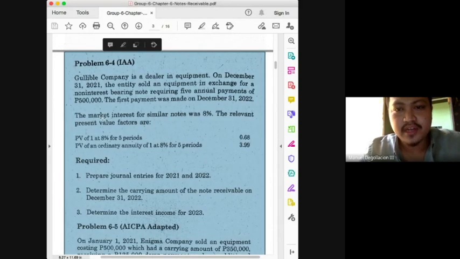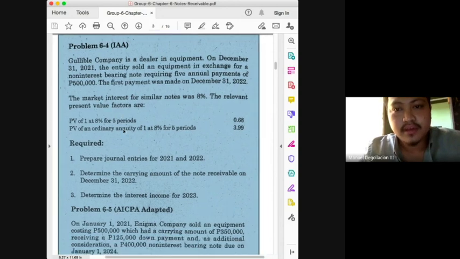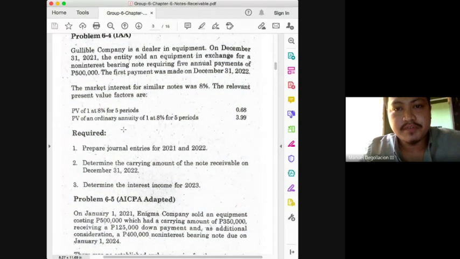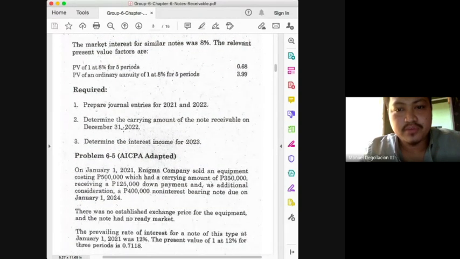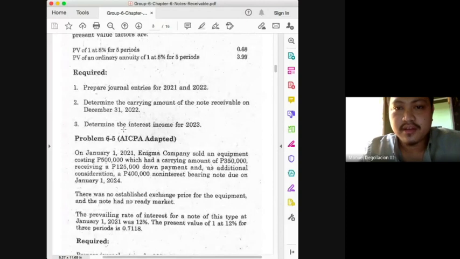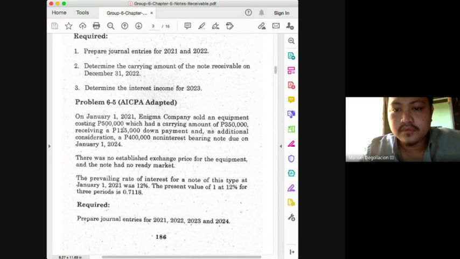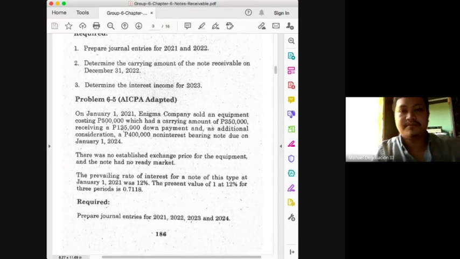If we're dealing with installment payments, class, you'll have to be careful because your gross receivable would be periodically decreasing. But if we're dealing with lump sum payments, class, then your gross receivable in the computation for the carrying amount would just be constant. Okay, let's have 6-5, class.